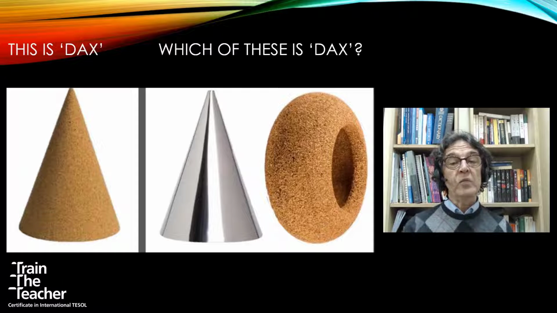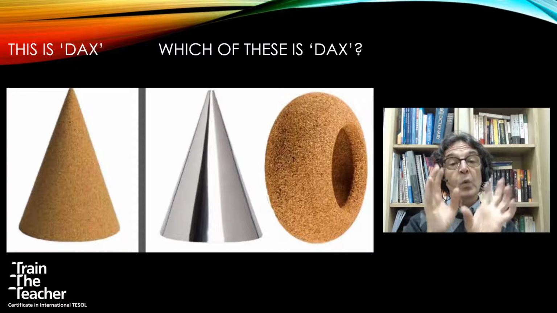What East Asians will tend to do is look at that wheel shape, that tire shape on the right, and say that that is Dax. Why do we do that?